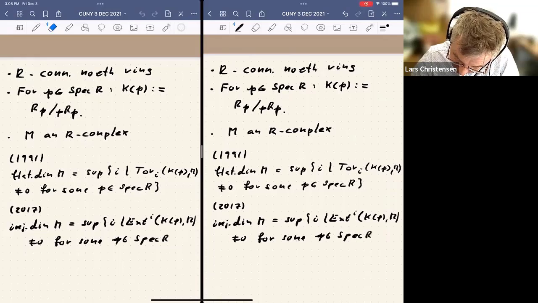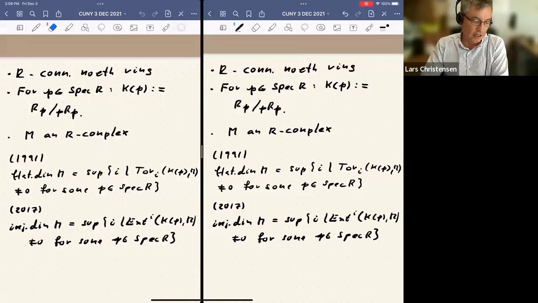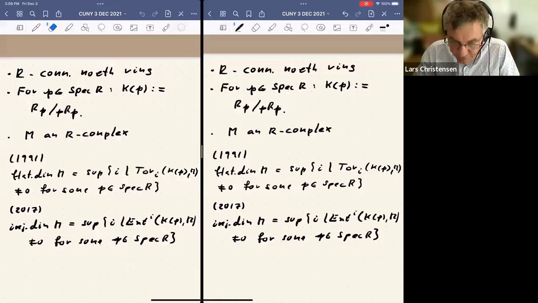Okay, so now, these are typical statements in homological algebra. In both cases, to verify the condition, one would have to compute a double infinity of homology modules, right? But okay, it's a characterization. It raises two questions. The most obvious one is the question of rigidity, what is often called rigidity of Ext and Tor.